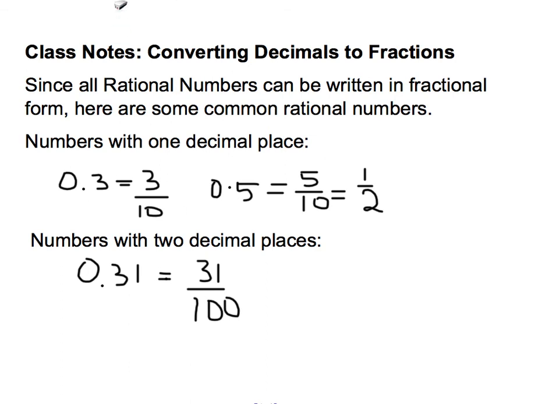Or my last digit ends in the hundredths place. So 0.02, I have 2 digits. The last digit ends in the hundredths, so it's 2 over 100. And as I reduce this one, it would be 1 out of 50. Okay.